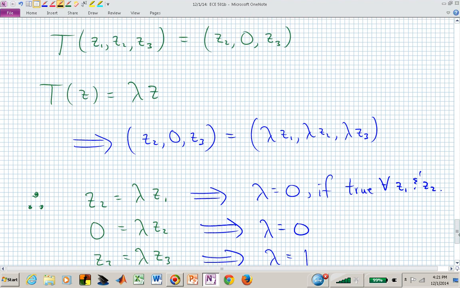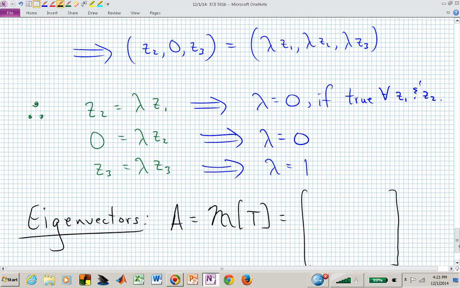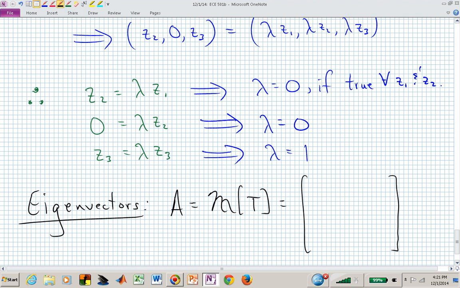When I hit Z with T, I need to return the second coordinate in the top slot, which means I need to pull that off with my matrix. So the top row will be 0, 1, 0, and that will give me Z sub 2 when I use this matrix times Z1, Z2, Z3. If I want to get 0, I hit all the vector components of Z with 0, and if I want to return Z sub 3, I simply pull off that third coordinate.